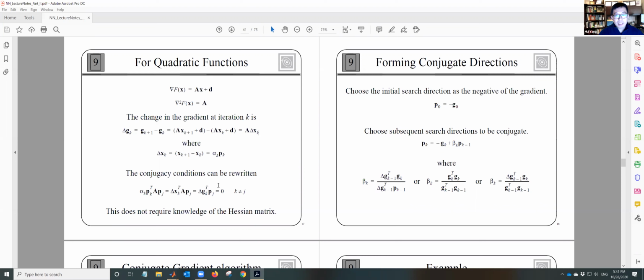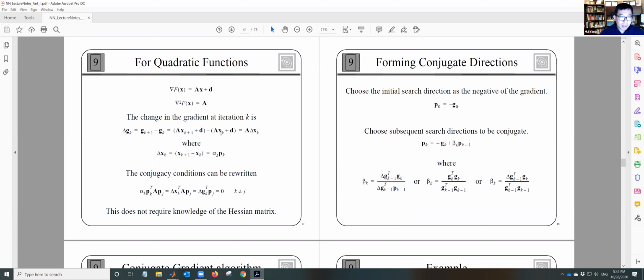That means if you want to find a good search direction pj, and you know the previous change in the gradient at two different locations, xk and xk plus 1, you will be able to identify a better search direction. This does not require knowledge of the Hessian. This is perfect.